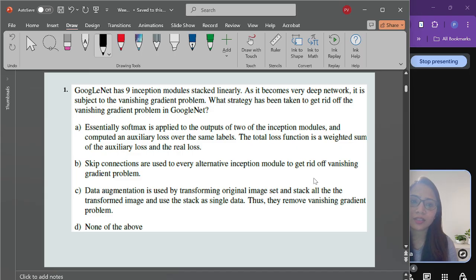The total loss function is the weighted sum of the auxiliary loss and the real loss. Option B: skip connections are used in every alternate inception module to get rid of the vanishing gradient problem. Option C: data augmentation is used by transforming the original image set, stacking all the transformed images and using the stack as a single data. Thus, they remove the vanishing gradient problem. Option D: none of the above. Which option can be the correct one?